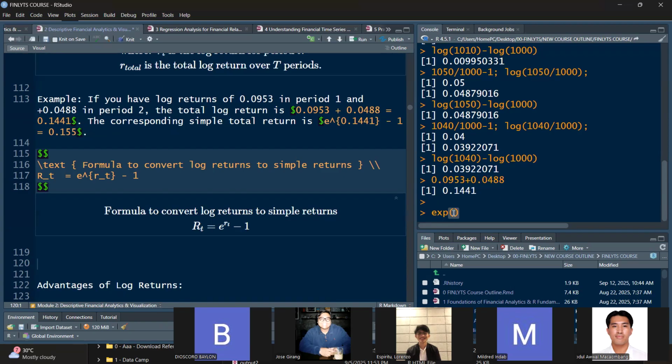Anyway, I'll just put the sum of these two here, and then minus 1. So what's the simple return, class? What's the equivalent simple return? Answer, please.